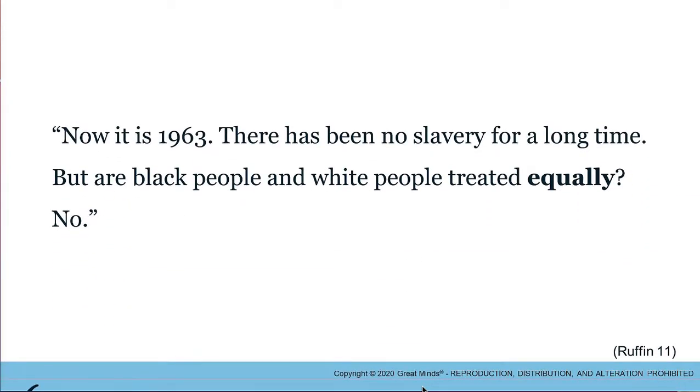We looked at these sentences in our deep dive 5. It says, now it is 1963. There has been no slavery for a long time. But are black people and white people treated equally? No. So we have the word equally in this sentence.